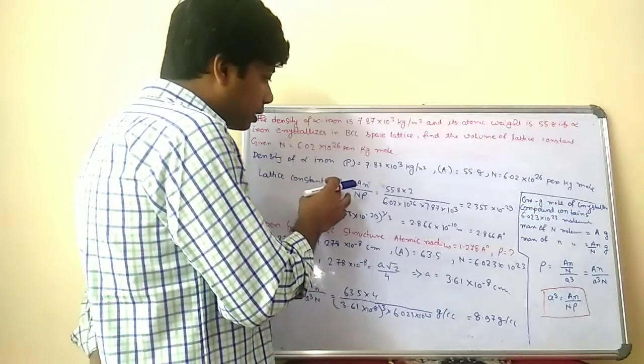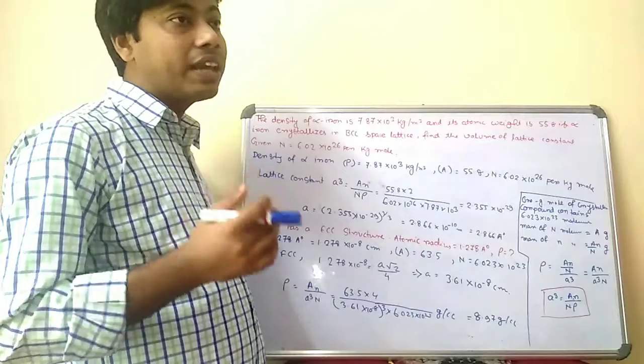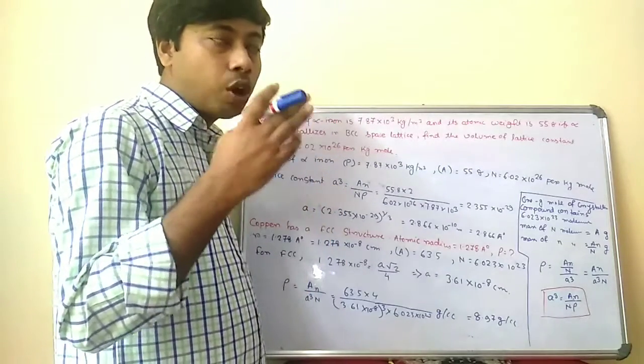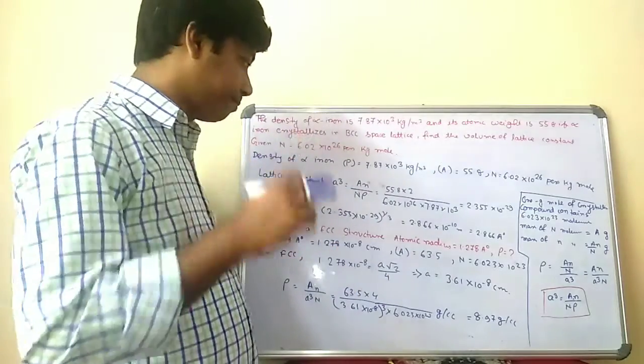Now you have to calculate a, the lattice constant. We can calculate it with the expression: a cubed, the lattice constant, is equal to capital A into small n divided by capital N into rho.